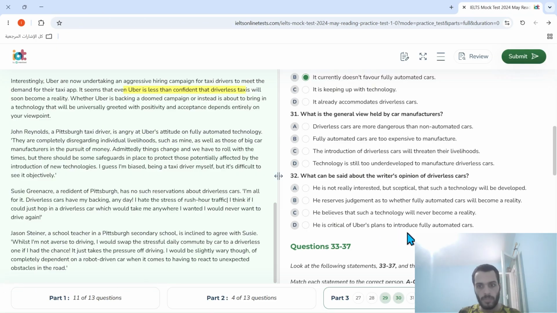Ethical for power plants to introduce fully automatic cars. He believes that such a technology will never become a reality. He reserves judgment as to whether fully automatic cars will become a reality. He's not really interested, but skeptical that such a technology will be developed.